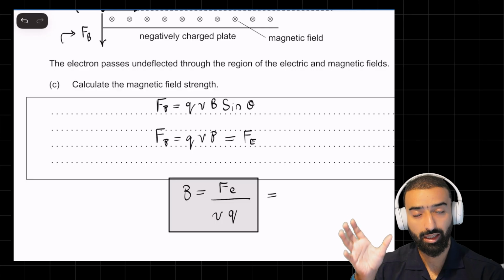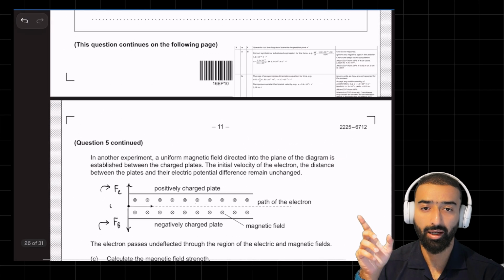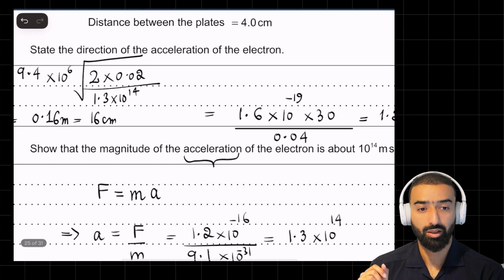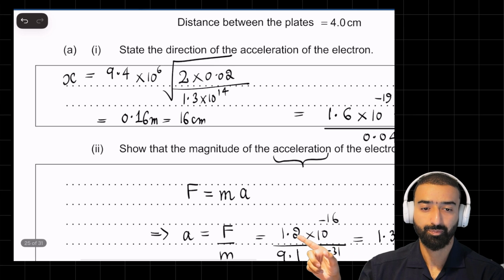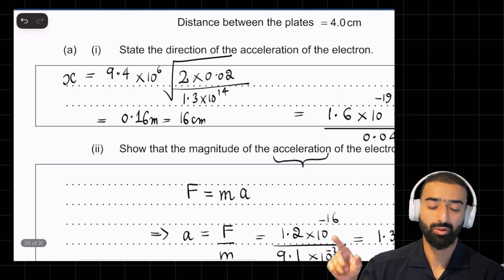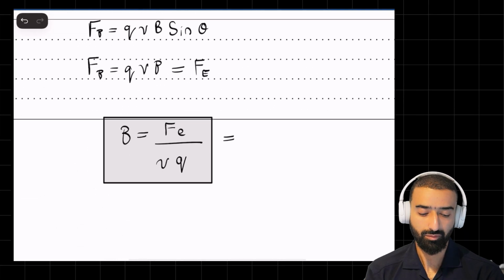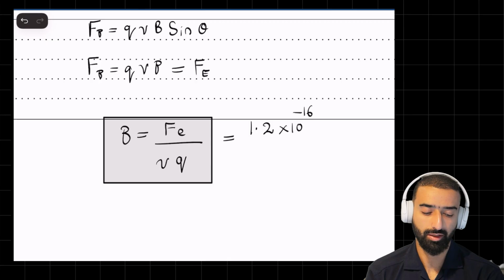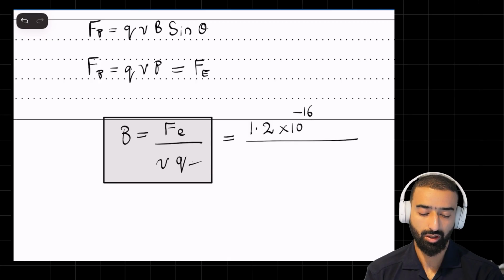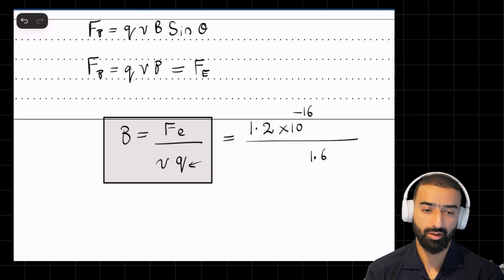So let's try and do that. For the electric force, let's go back. I'm going to use this value, 1.2 into 10 to the minus 16. For the charge, I'm going to use 1.6 into 10 to the minus 19.